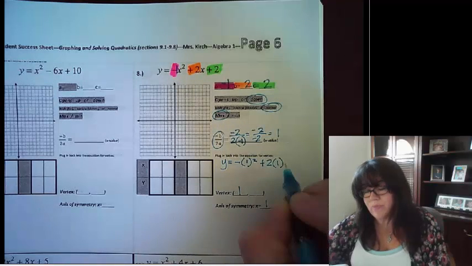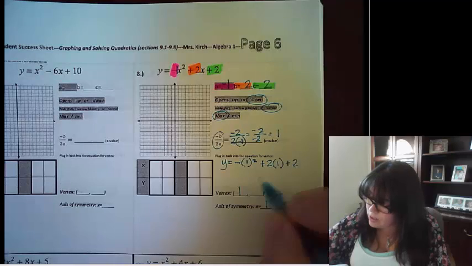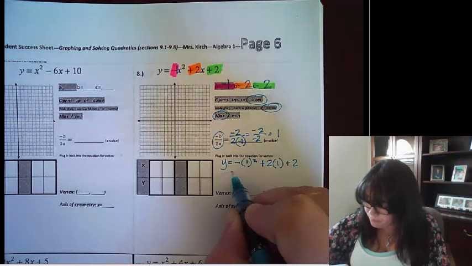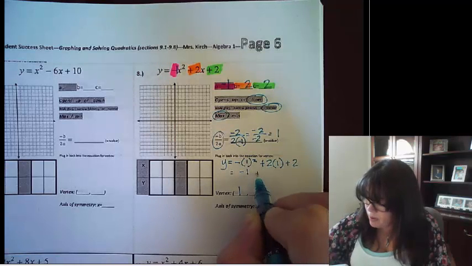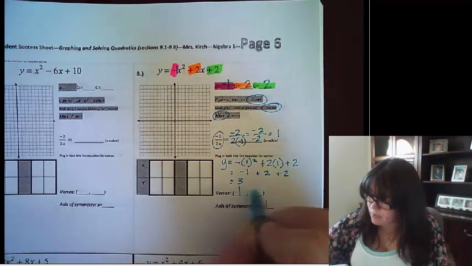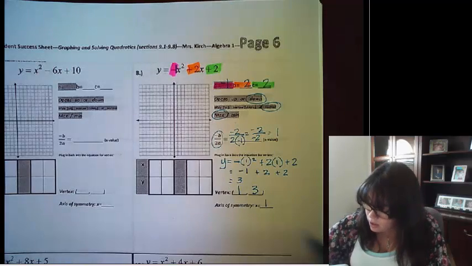Now I can use my order of operations to simplify this. 1 squared is 1, and with the negative, that's -1. +2 times 1 is +2, and then +2. So this equals 3. That's my y value for my vertex point. So my vertex is at (1, 3).